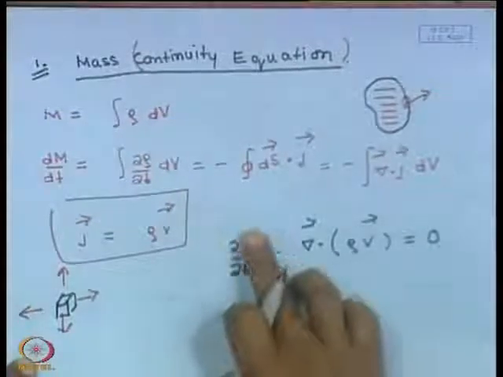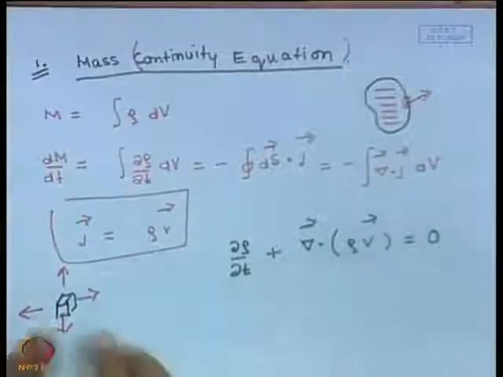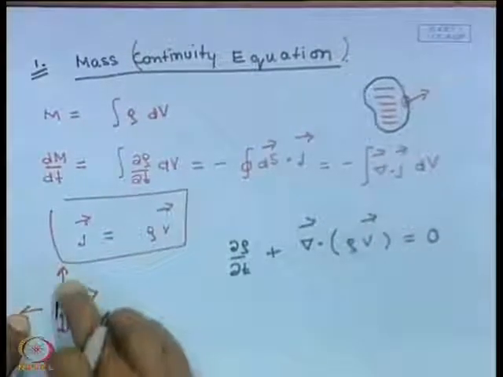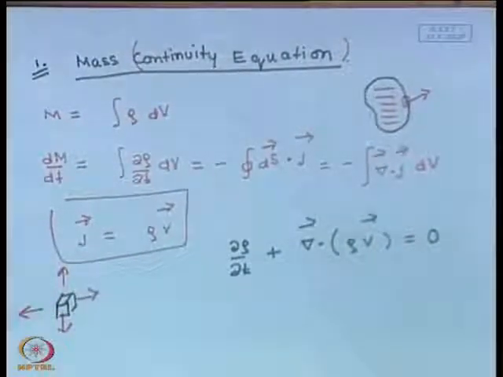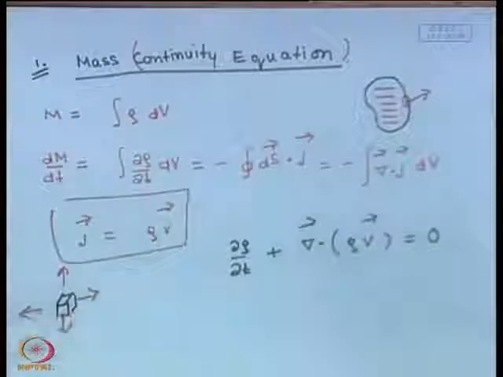So, if this term is negative, then this term has to be positive. The divergence of the mass current is essentially a measure of the flux flowing out, which you can easily verify using the Gauss theorem. Similarly, if the mass is increasing in this unit volume, then there should be a flux inwards.